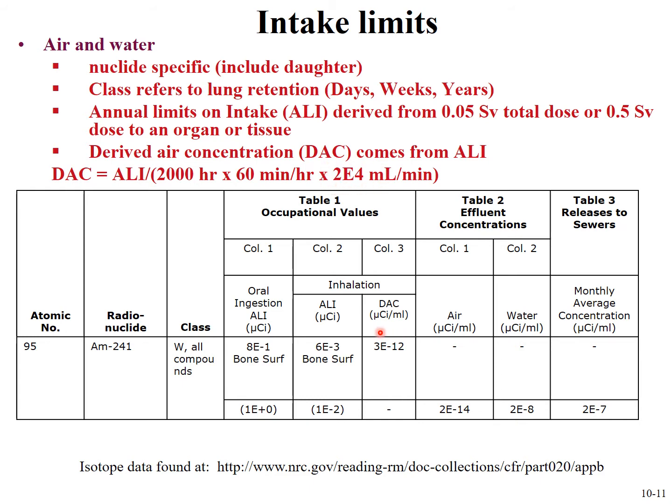And as you can see, your derived air concentrations are extremely small values, and they're listed in microcurie per milliliter. The values are shown here, and you can go to this website and get all this information for any radionuclide.